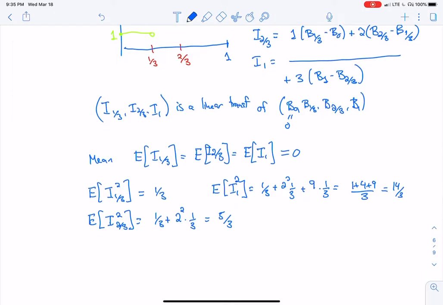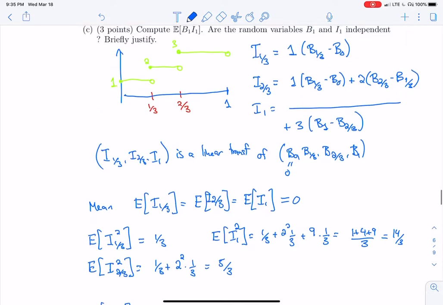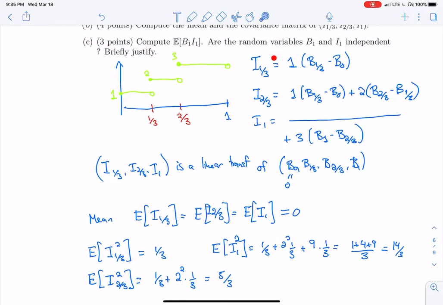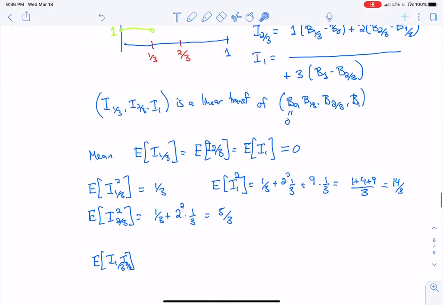Now what about the covariance? Again, use the fact that the increments are independent. So if I do I 1/3, I 2/3, the covariance between the two is going to be the covariance of this plus the covariance of that. But these are independent, so that gives me 0. So what I get is really just the variance of the first one. So this is variance of 1/3, which again is simply the variance of the first.